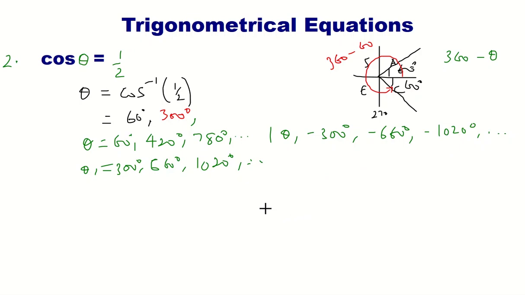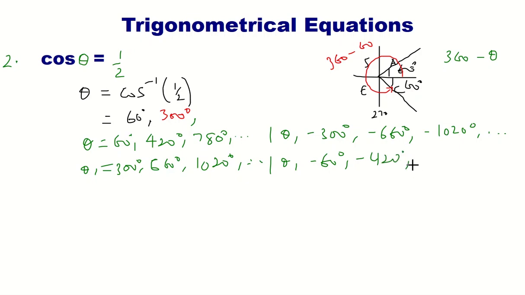Okay, and then for 300, the same. If you want to get the negatives, we subtract 300 minus 360, we get negative 60 degrees. From negative 60, we subtract 360, we end up with negative 420.